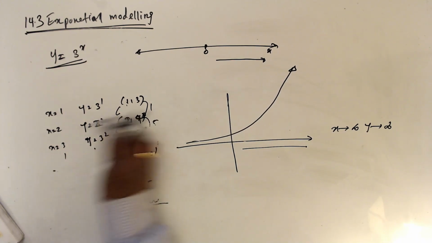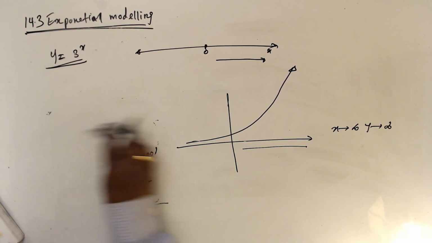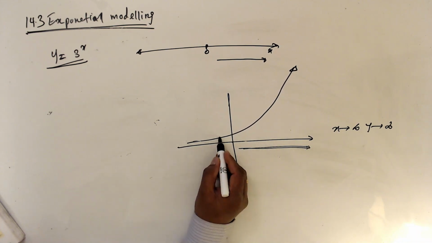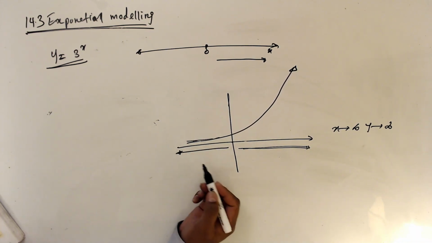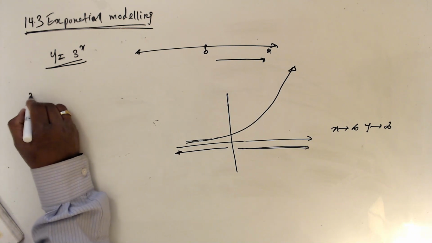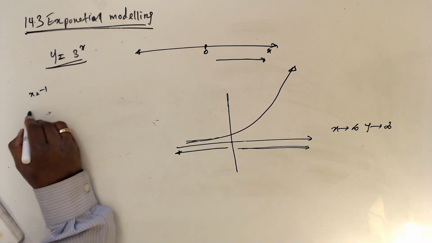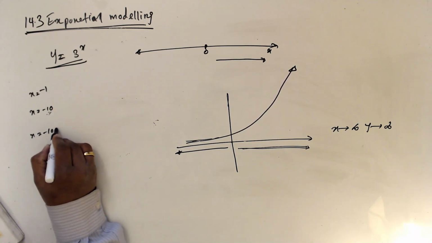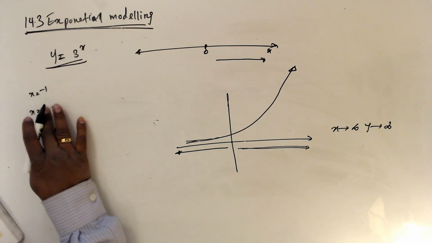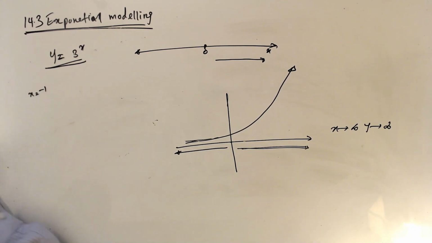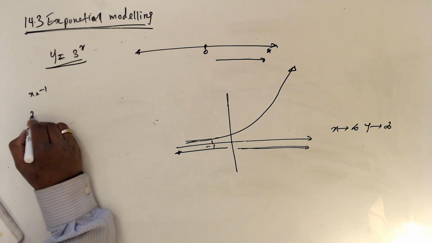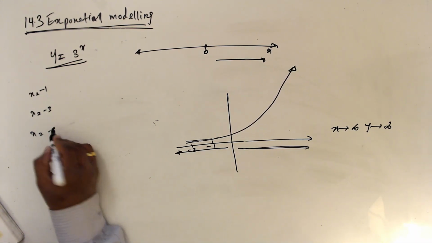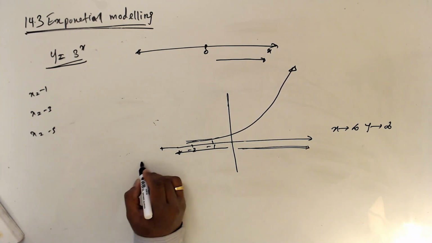Now let's discuss the negative side. That was from 0 to the positive side. What will happen on the negative side? We'll start with x equals minus 1, and then minus 3, minus 5, and minus 100.